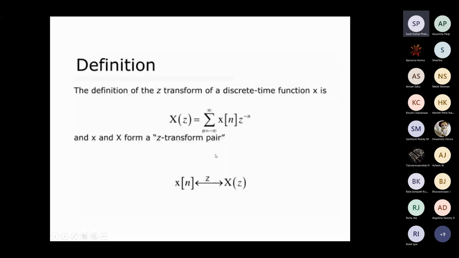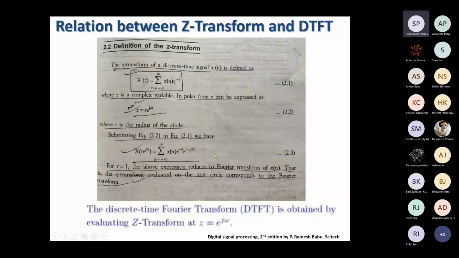As I said, let us look at the relation between the Z transform and the discrete time Fourier transform. If you substitute z equal to r e to the power j omega in the Z transform definition, that gives X(r e^{j omega}) equals the summation from n equals minus infinity to infinity of x[n] r to the power minus n e to the power minus j omega n.